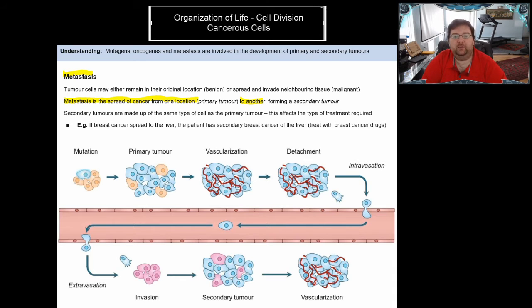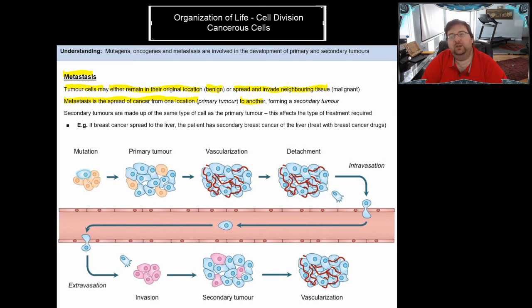Now, tumor cells in general, when you have a clump of cells that have uncontrolled cell division, these tumor cells can either stay where they are, right? Let's say you have a tumor that develops in your left breast. Well, if it only stays in your left breast, we would call that benign. Or it could spread and invade neighboring tissues.